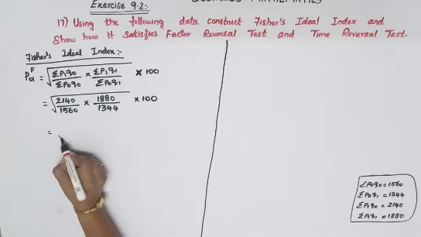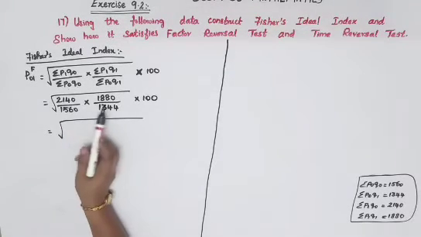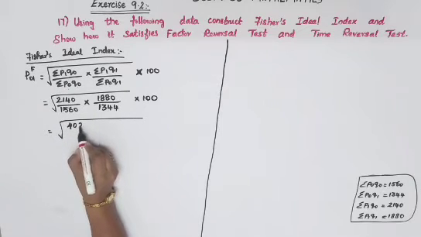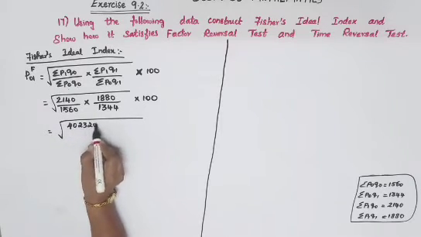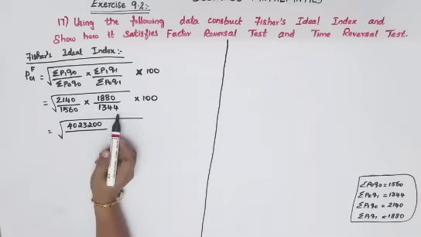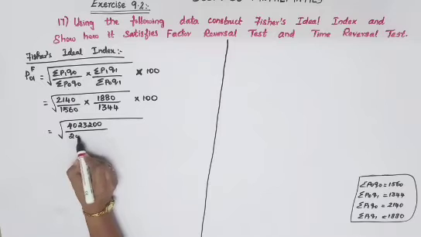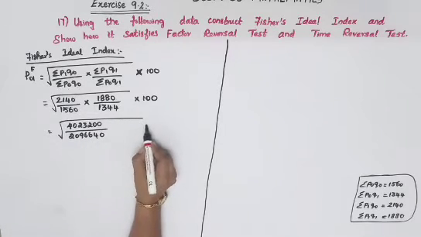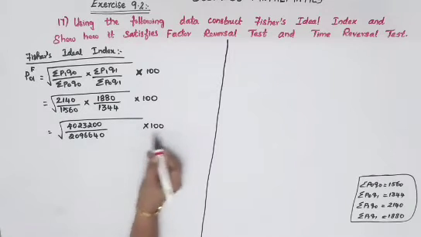So this is equal to the root of, multiplying the numerators, you will get your answer as 4023200, divided by the denominator, the 2 numbers. If you multiply, you get your answer 2096640. Just check with your calculator. Into 100, the 100 separately outside.